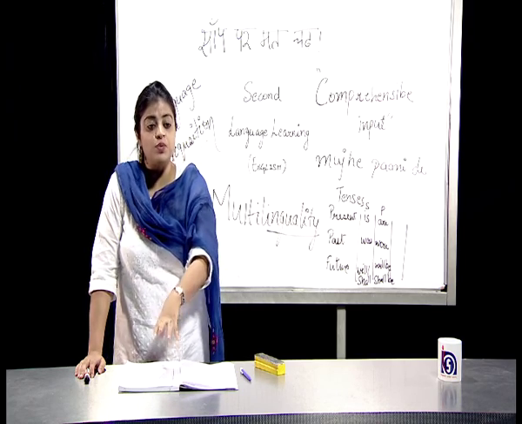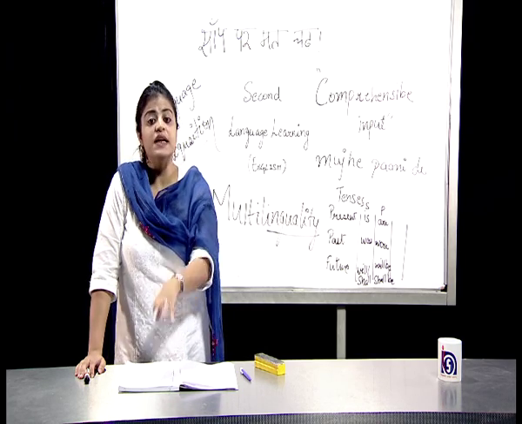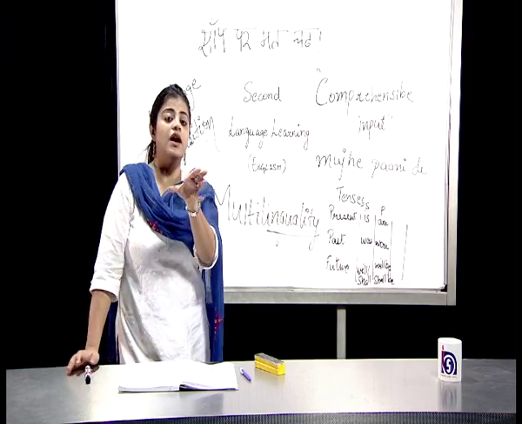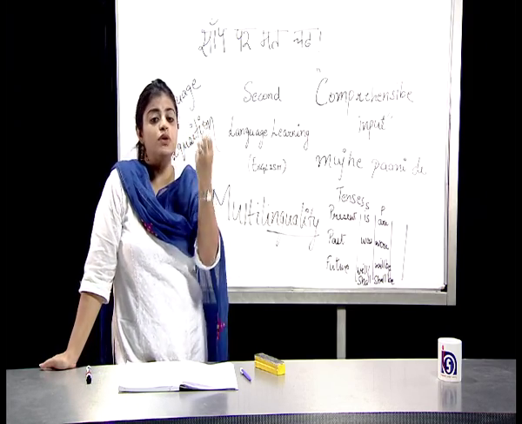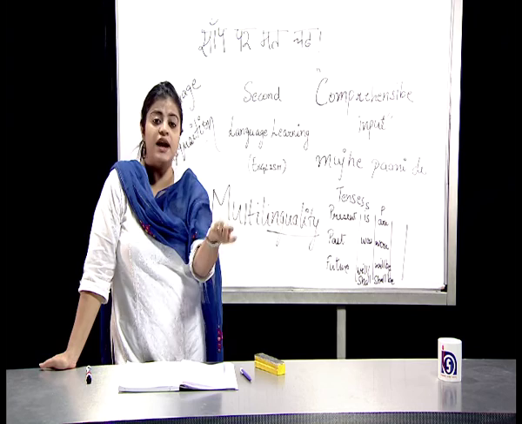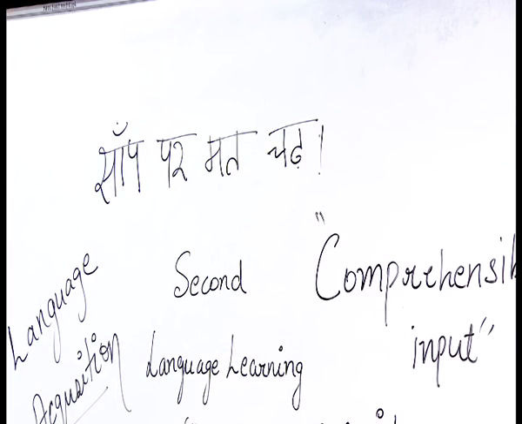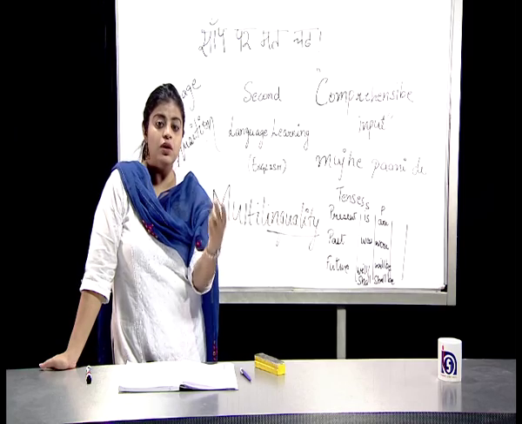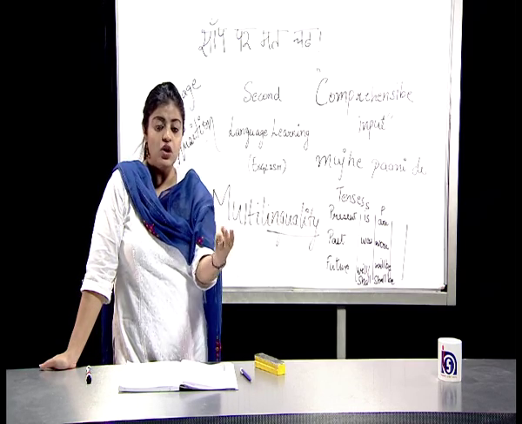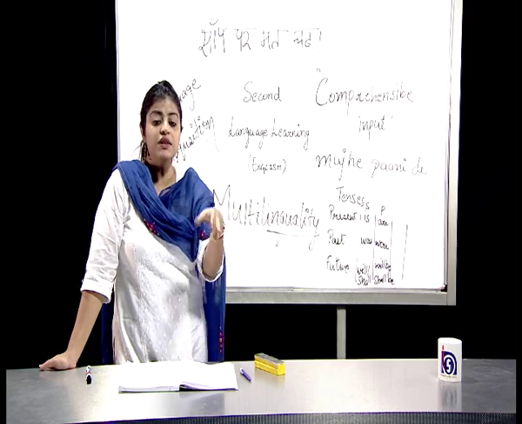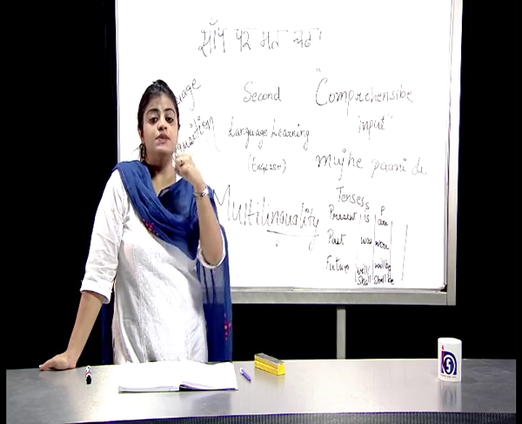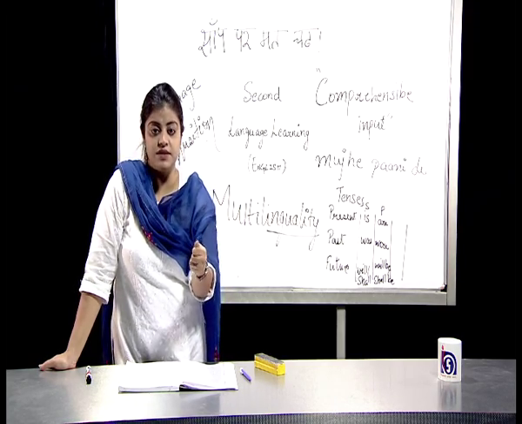What we need to do is to provide the child something called immersion. Immersion means giving the child a lot of opportunities to communicate in the targeted language, giving him a lot of exposure to the language through different mediums. It could be through stories, print media, audio visuals, and giving them opportunity to speak, to assert themselves.